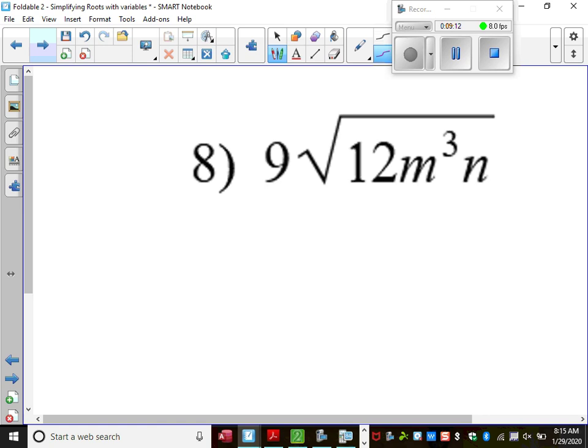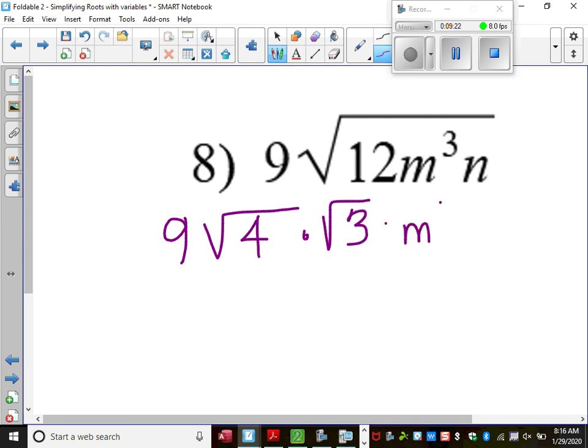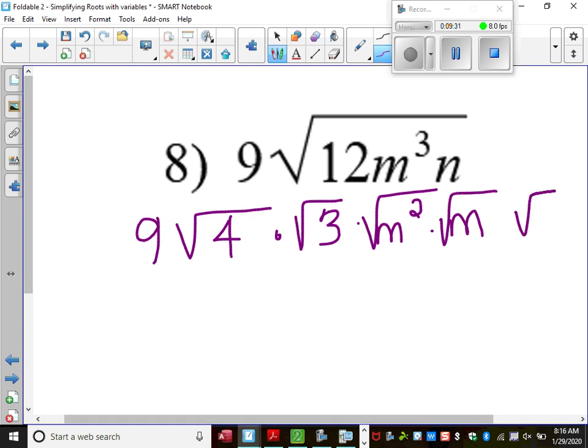Moving on. Okay, I'm going to simplify the 12 to 4 and 3. Then I'm going to simplify m to the 2nd. I got 1 pair in there, m squared and m. And then I'll leave the n underneath because I cannot simplify that anymore. So everything that's a perfect square comes outside of the radical.